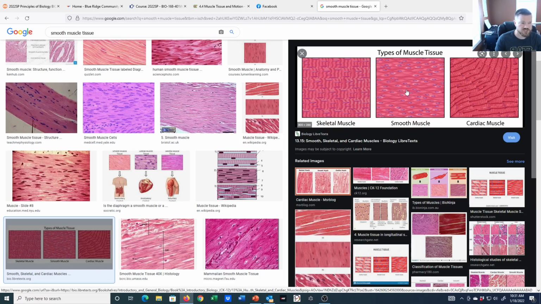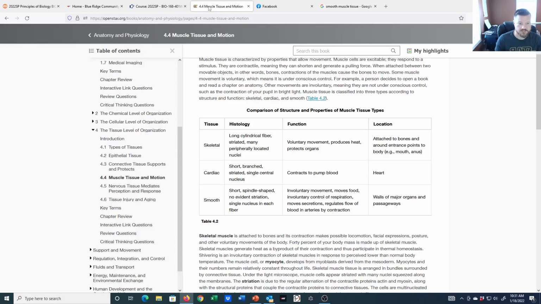But spindles are usually tapered on one or both ends, right? And so that's smooth muscle tissue. It's under involuntary control, and it tends to line hollow organs, right? So maybe your digestive system, or maybe your cardiovascular system, with your veins and arteries. That's where you'll typically find smooth muscle tissue.